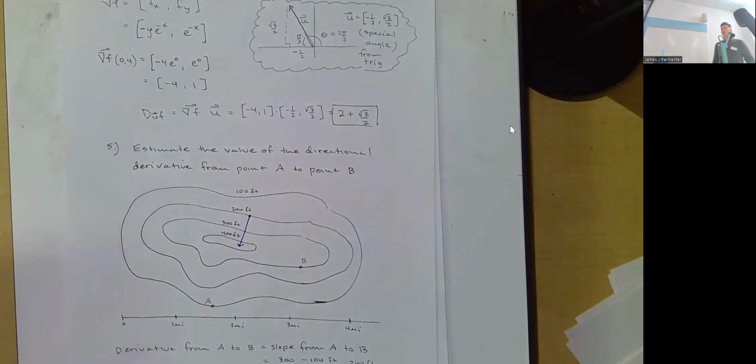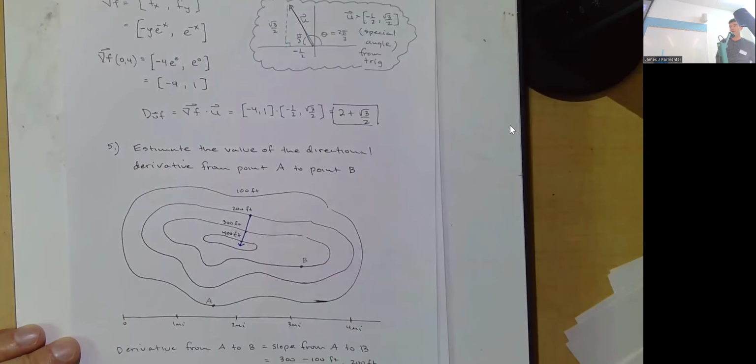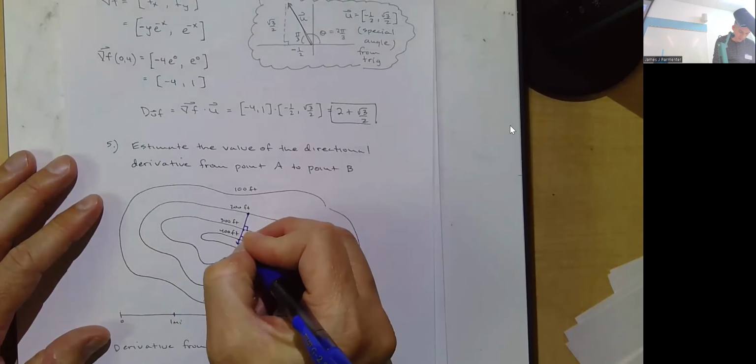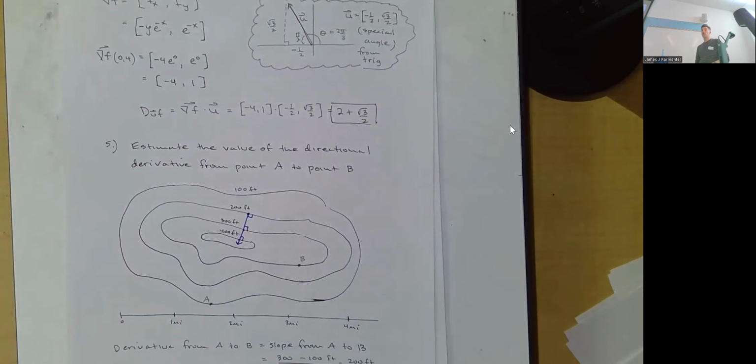I'm going towards the top as fast as possible. I'm crossing as many level curves as I can in the shortest distance possible. I'm going from a height of 200 feet to 300 feet to 400 feet as quickly as possible. Or in other words, my direction is perpendicular to the level curves. If you're crossing level curves in a perpendicular direction, you are going up the surface or down as fast as possible.